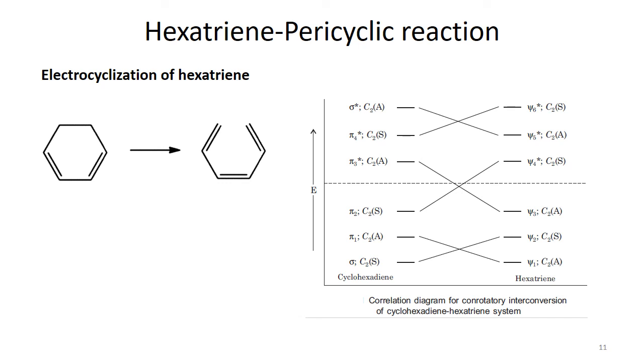Because we are carrying out the C2 symmetry operation, electrons are moving from a symmetric orbital to a symmetric orbital again. So this is how symmetry is conserved in this kind of reaction, and they have further told us that conrotatory interconversion was valid in this case.